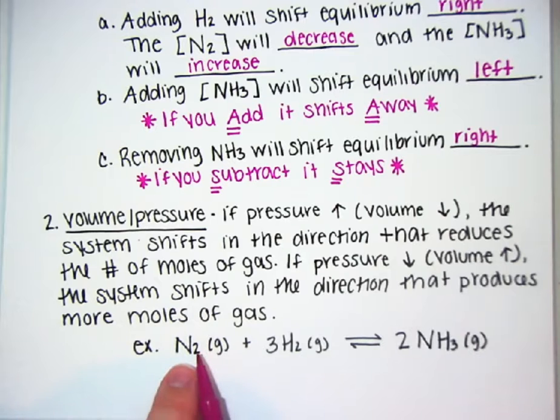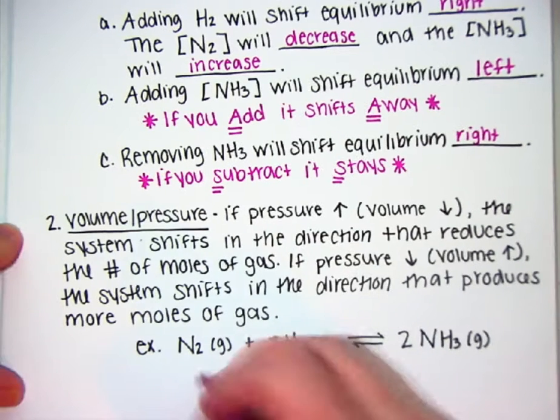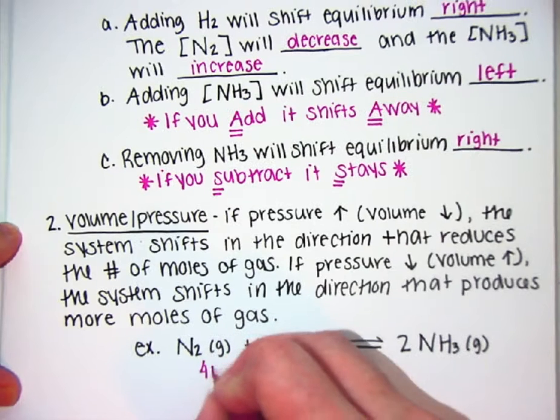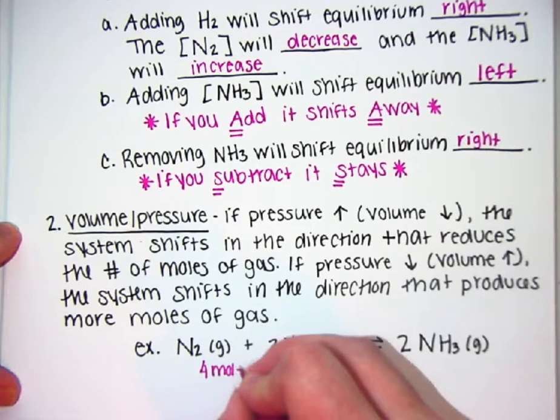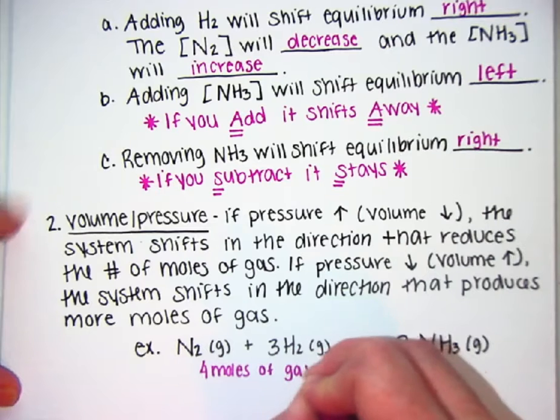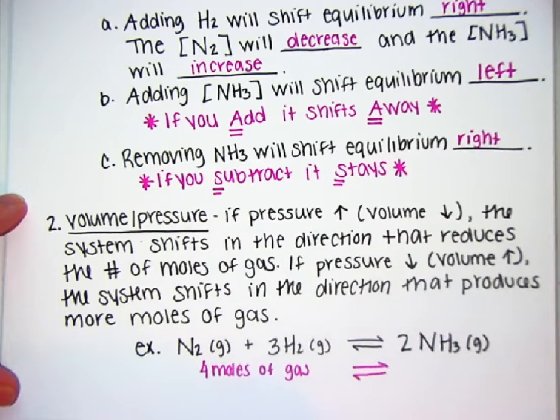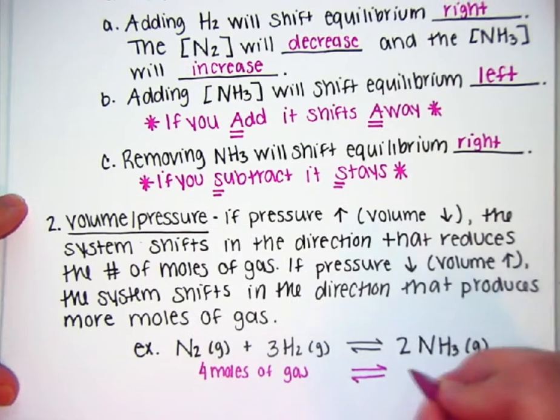Don't forget about nitrogen just because we don't see a coefficient. If there's no coefficient, it means that there's 1. So I have 1 mole of nitrogen gas plus 3 moles of hydrogen gas. This gives me 4 moles of gas. On the right hand side, I have 2 moles of ammonia gas, so 2 moles gas.